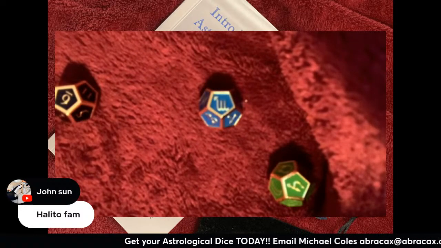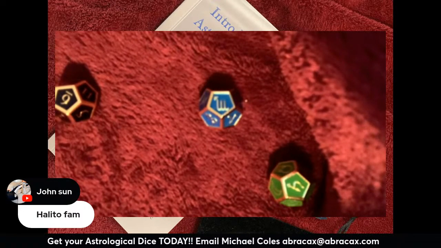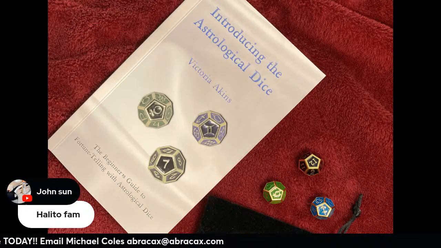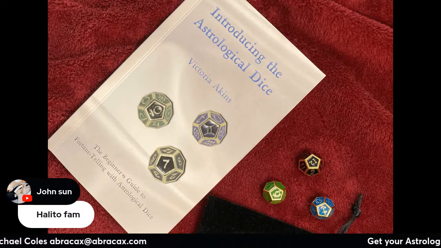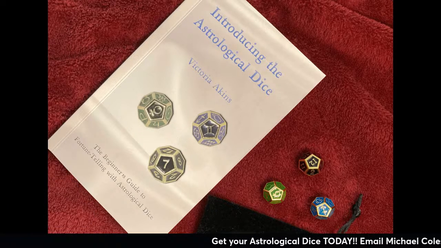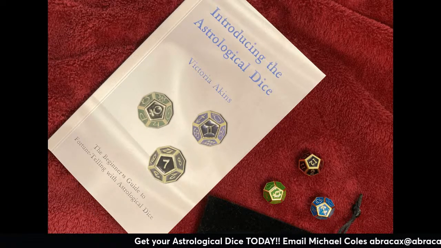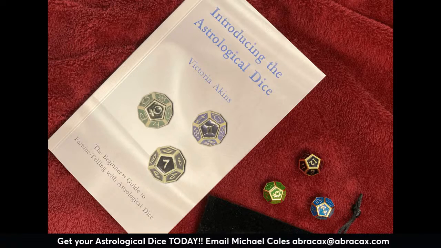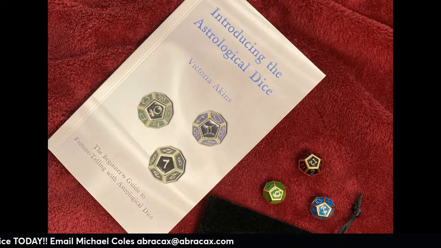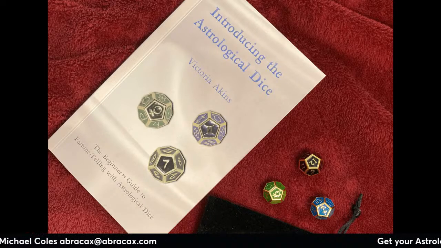Introducing the Astrological Dice, and I'm going to put this up here because this is the book, Victoria Akins. Contact Michael Coles and get your copy. The back cover says, Introducing the Astrological Dice is the essential beginner's guide to fortune telling with astrological dice, or astrogalomancy.